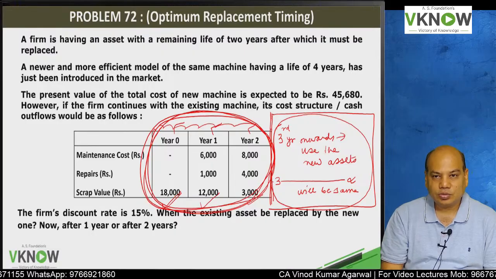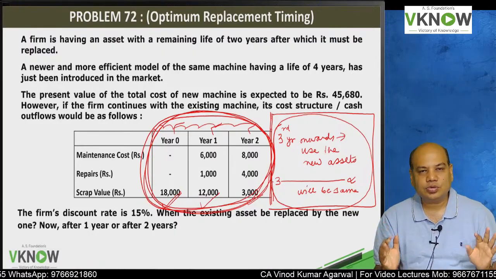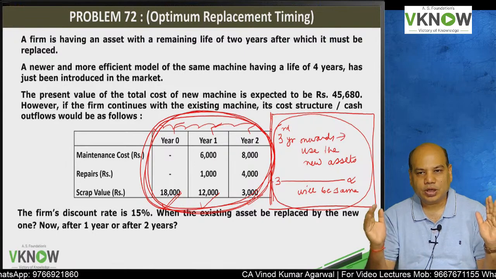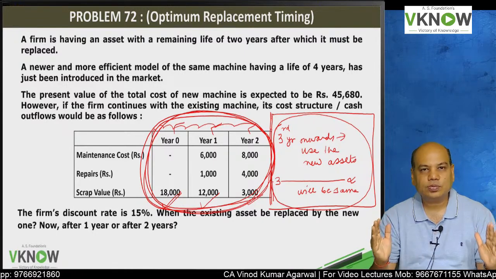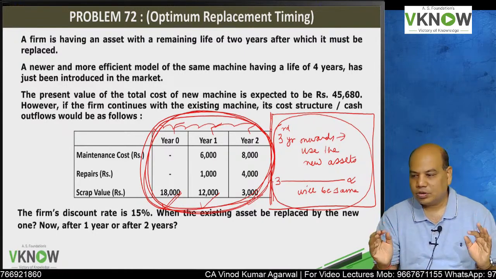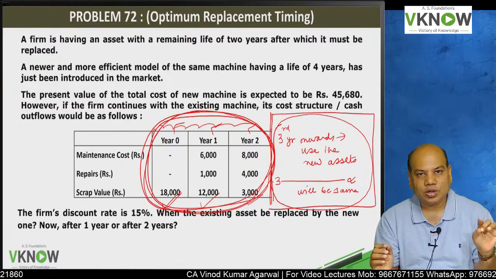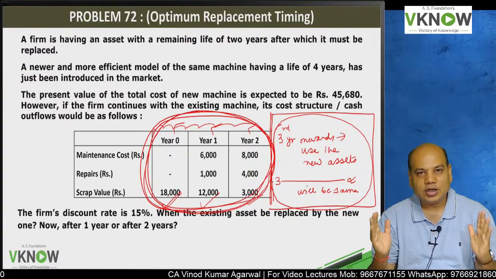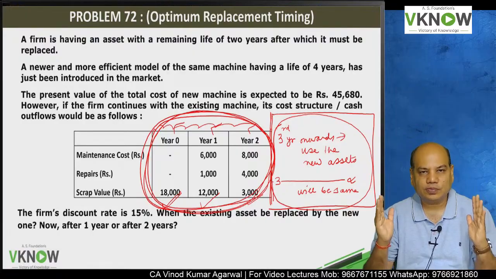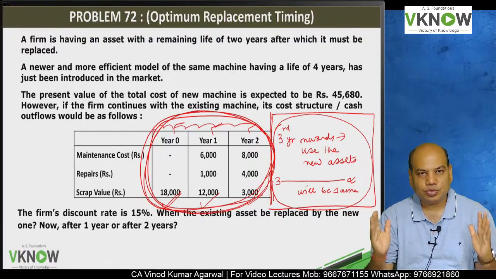Forever. So what I'll do, I will choose option 1, replace now, and compute the cash flow of first 2 years. Or suppose I decide to replace old asset after year 1, again compute the cash flow of year 1 and 2 only, up to 2 years.